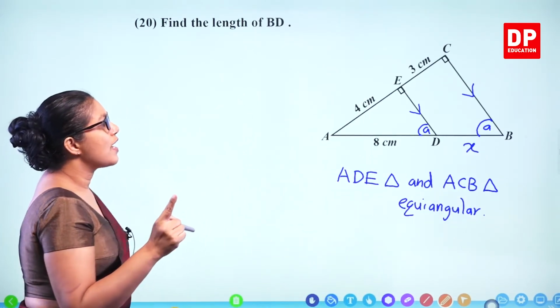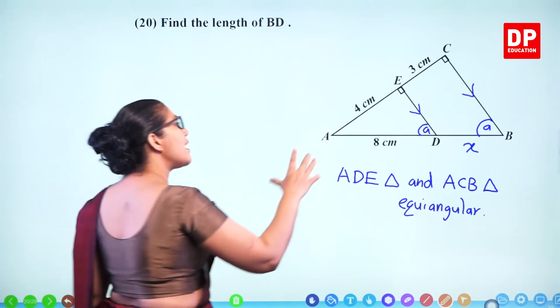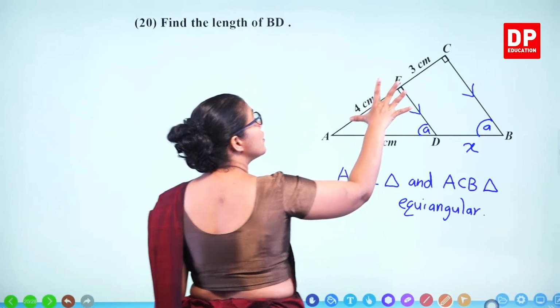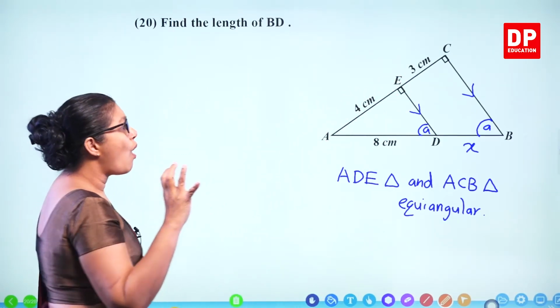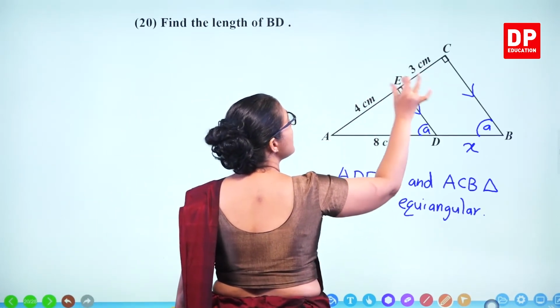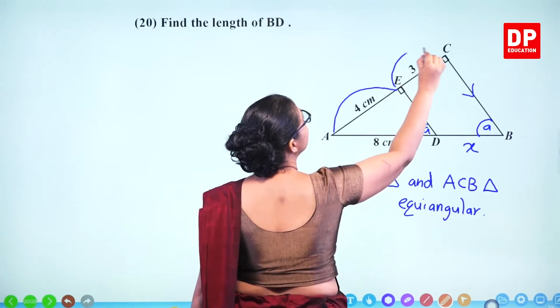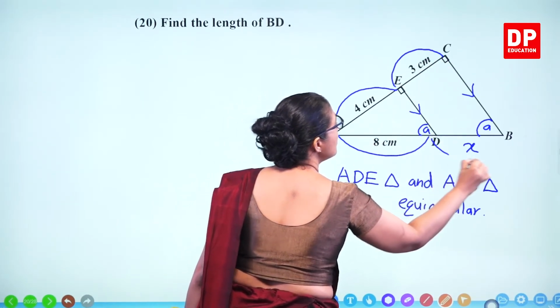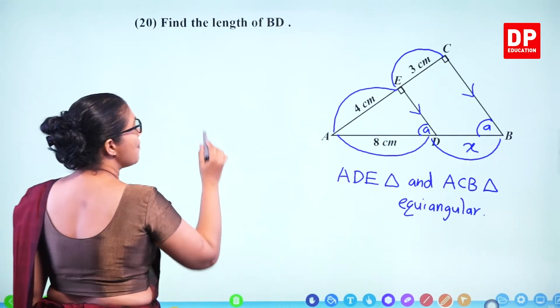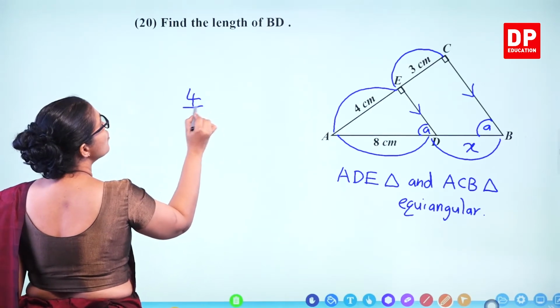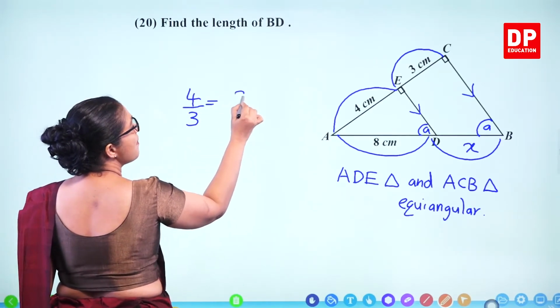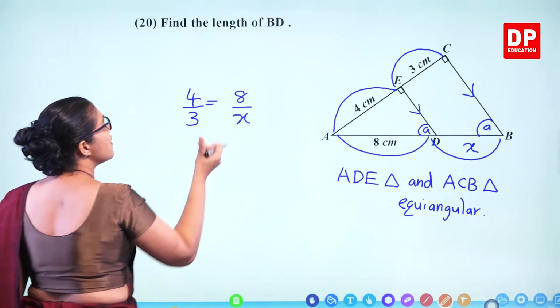So the ratios are the same. So you can take either smaller triangle to bigger one, or this ratio also satisfies. So here to here you can take this equal to this one. So ratios are the same. 4 to 3 is same as 8 to x, or the other way around.